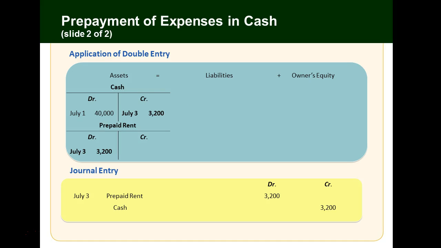Hang on, I don't think prepaid rent is an expense. It's a prepaid, so it's not an expense yet until the month is gone. So if it was just rent, then it would be an expense. Yes, but if we paid 1 month of rent and the month is now gone, yes.